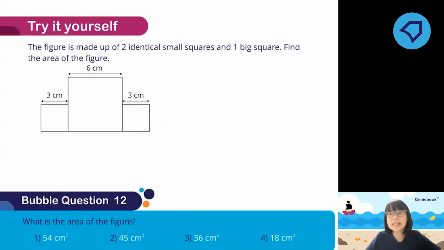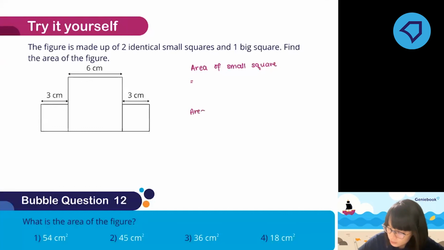For those of you who need a little bit of help, let's find the area of the small square first. Find the area of the big square. Then find the total area of the figure.